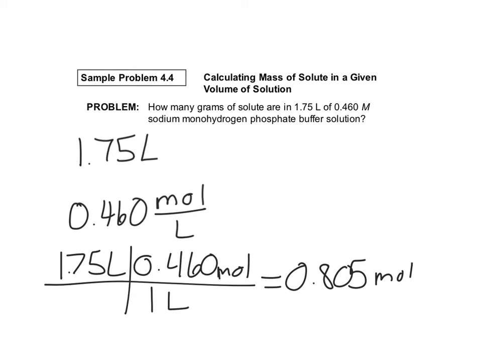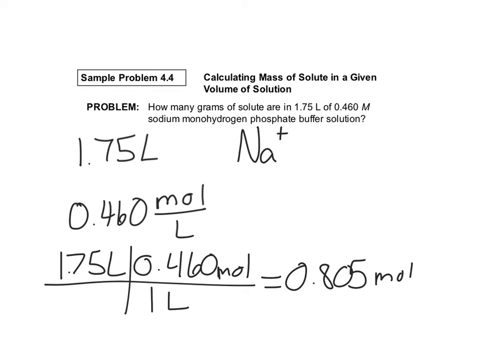But before I can figure out what the molar mass of sodium monohydrogen phosphate is, I need to know what the formula for that guy is, right? So remember, sodium is just going to be Na, and it has a +1 charge. You get that directly from the periodic table. Closest noble gas to sodium is neon. It loses an electron to get there.